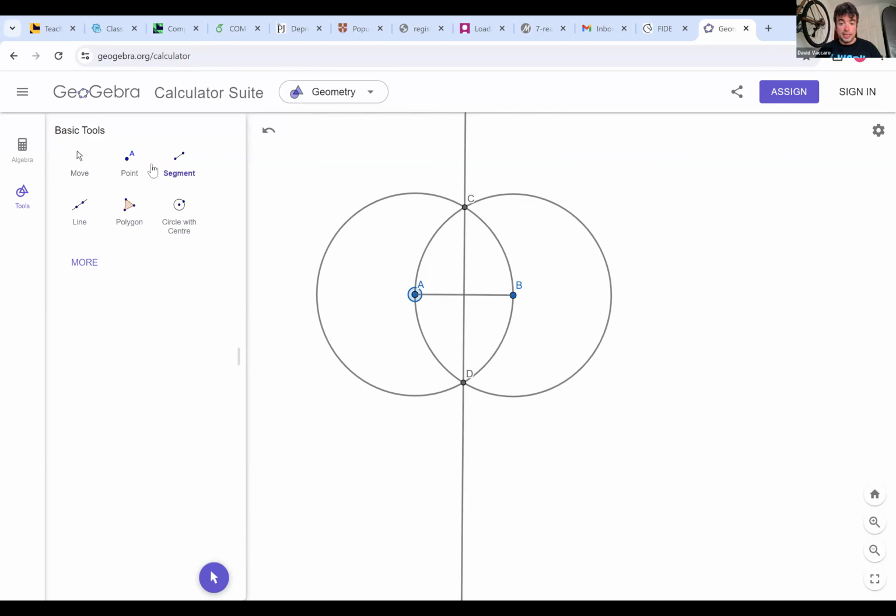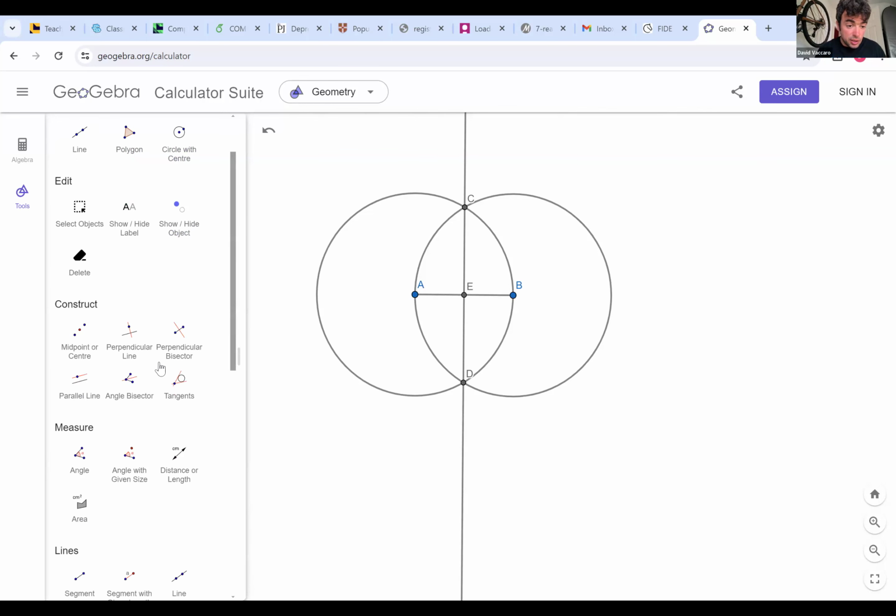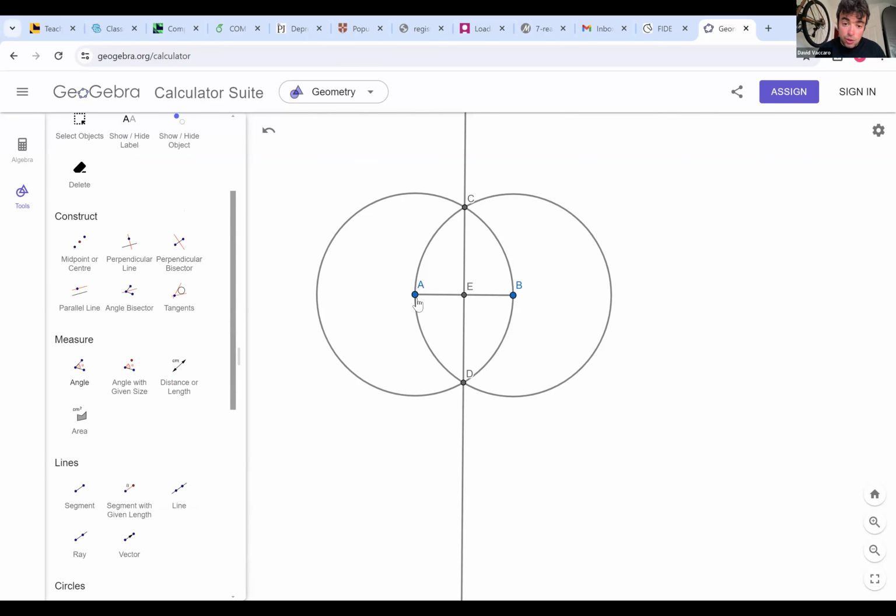And what that is in the context of the sheet is a practical recipe for drawing a perpendicular bisector. Okay, if we just want to convince ourselves, if I measure this angle AEC, then look, it's exactly 90 degrees.